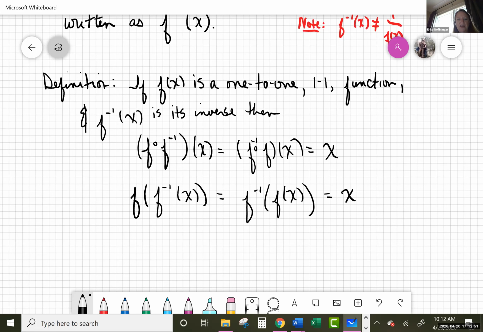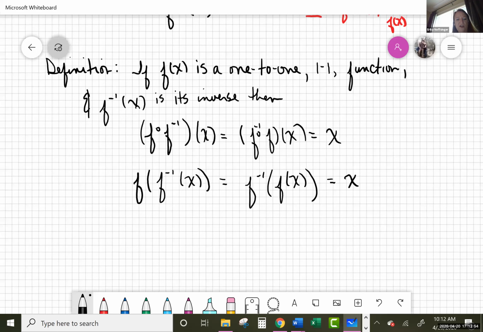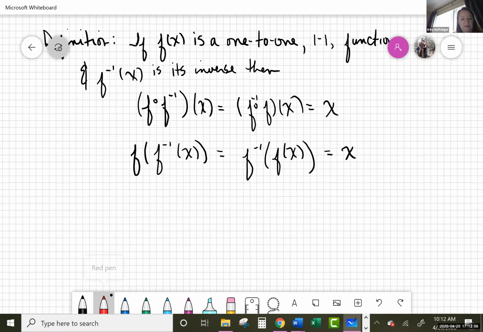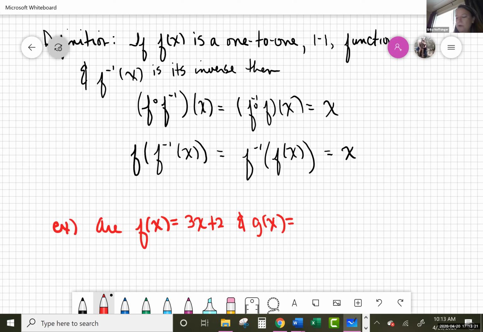Okay, so let's look at an example to see if two functions are inverses of one another. Our f of x, which is equal to 3x plus 2, and g of x, which is equal to x minus 2 over 3.